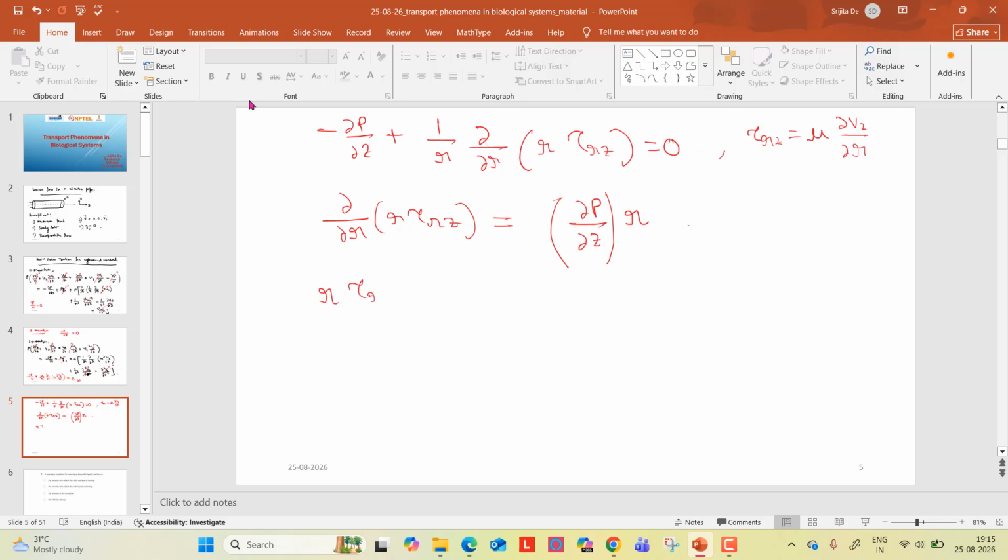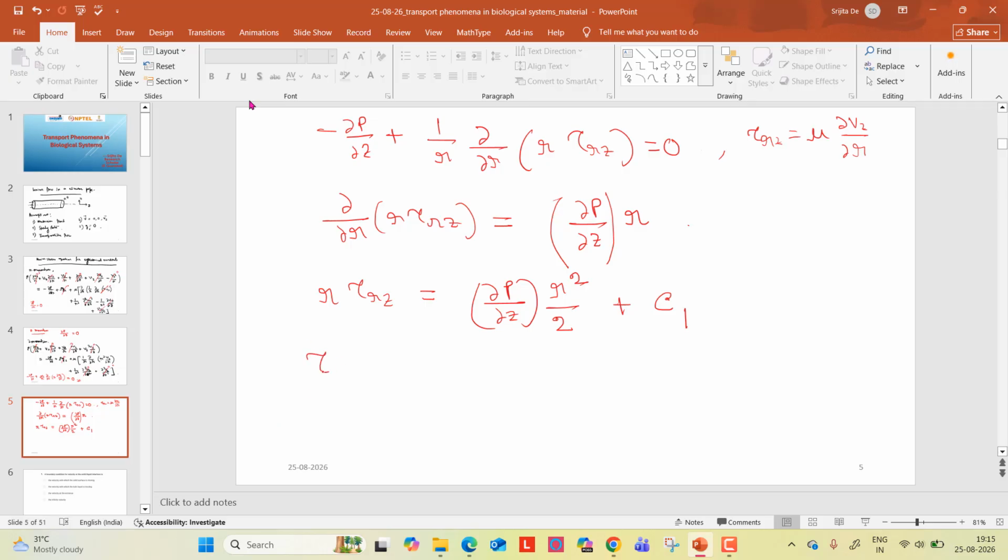R tau RZ equals to del P del Z into R square by 2 plus C1, right?